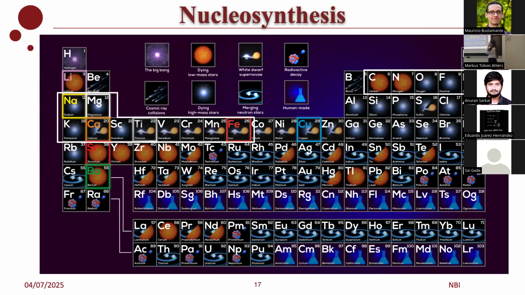Now let's talk a little bit about nucleosynthesis. So we said that stars synthesize elements all the way up to iron during their stellar evolution phase. When the supernova explosion happens, all these elements that stars synthesized are released into the universe. But nucleosynthesis from core collapse supernovae does not stop there.